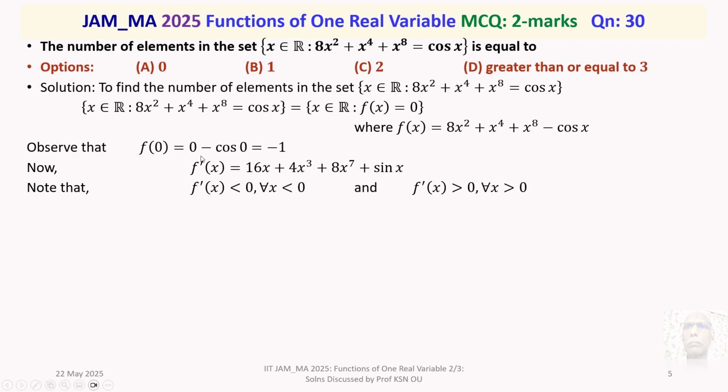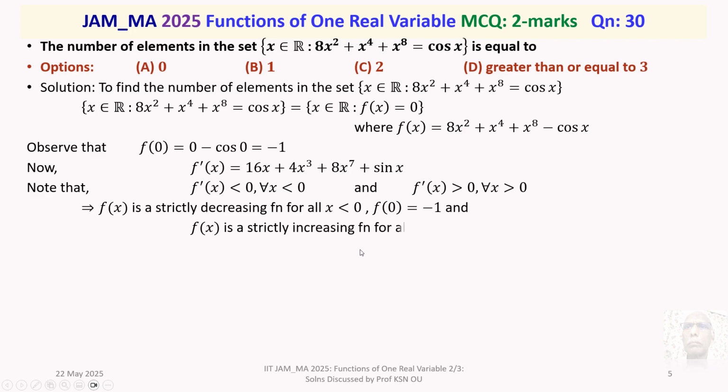While doing so it crosses the negative x-axis exactly once, and the positive x-axis exactly once. This implies f of x is a strictly decreasing function for all x less than 0, then f of 0 is minus 1, and f of x is a strictly increasing function for all x greater than 0.